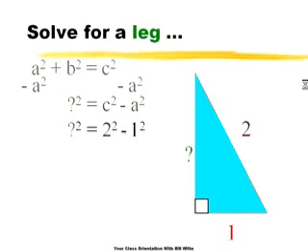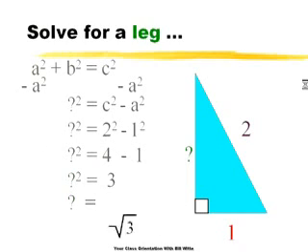Still simple. In this problem, we'll go 2 squared minus 1 squared, or 4 minus 1, and we'll get 3. Of course, that's what b squared is, right? So the actual leg will end up being the square root of 3.